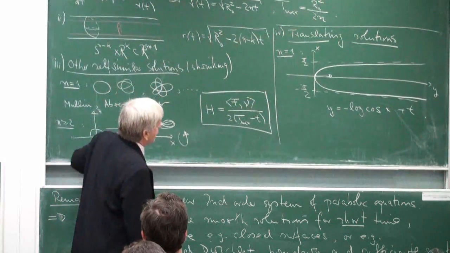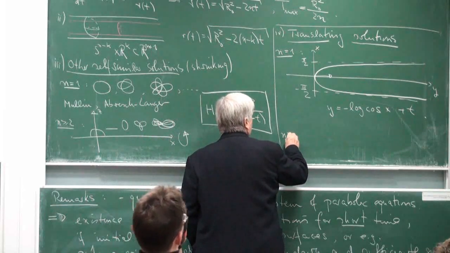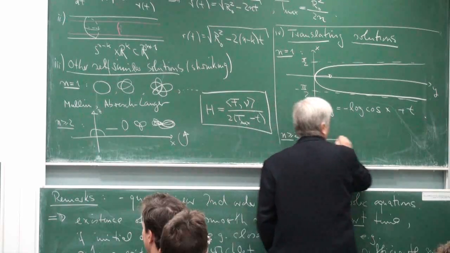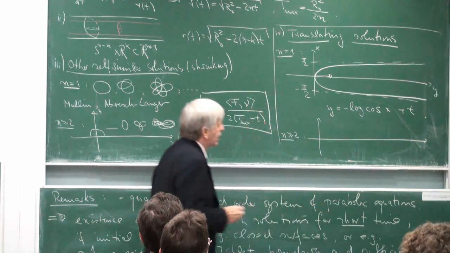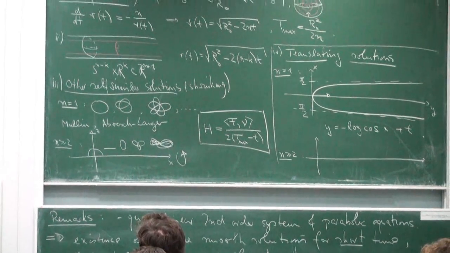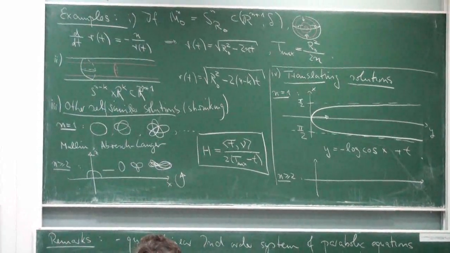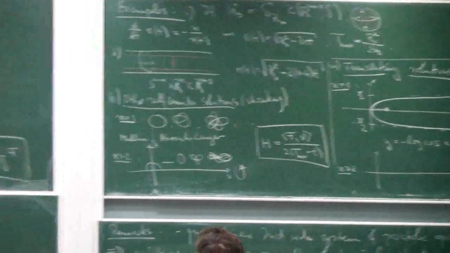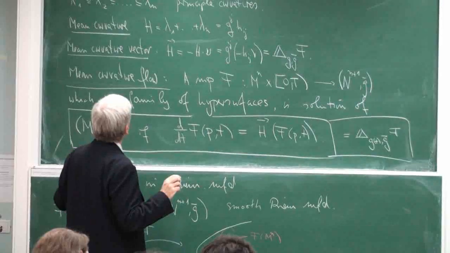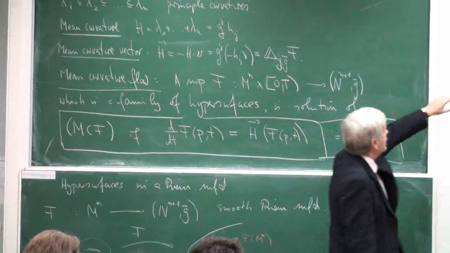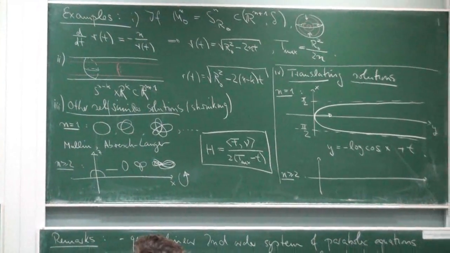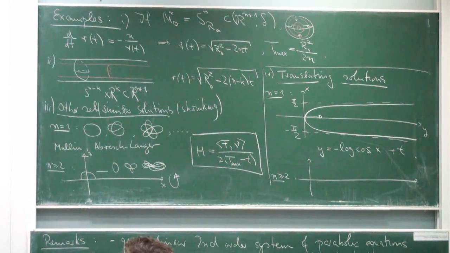And you can find similar things for higher dimensions, except that in higher dimensions the solution cannot be contained in a cylinder. If it was contained in a cylinder, then we know the cylinder is shrinking. Here's the shrinking cylinder. And as you know, parabolic equations have this maximum principle.